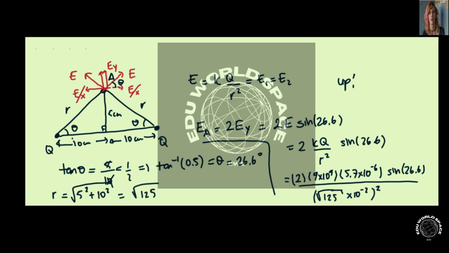Then it's going to be equal to 3.7 times 10 to the power of 6 newtons per coulomb. And what is the direction of this net field? It's up, which means the angle theta A is going to be 90 degrees. All right.